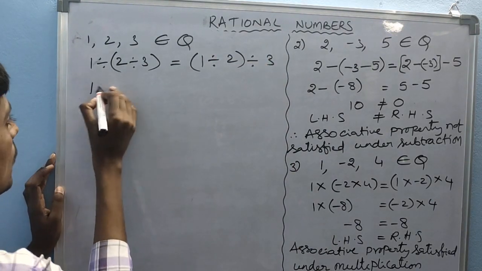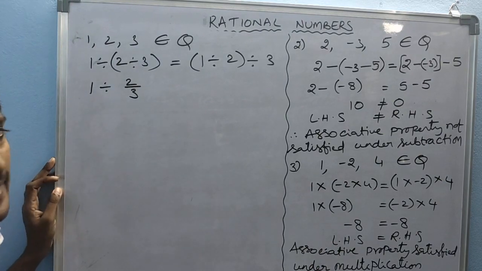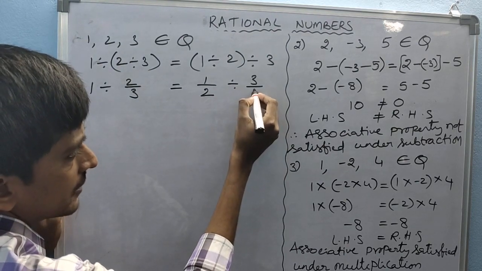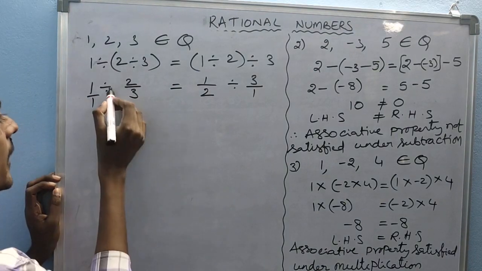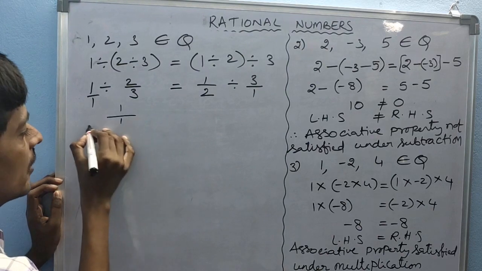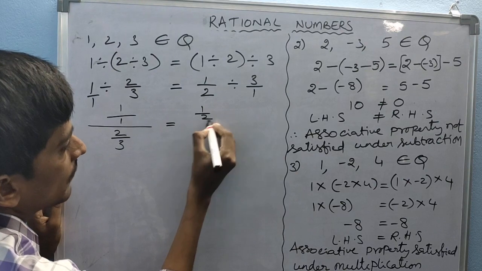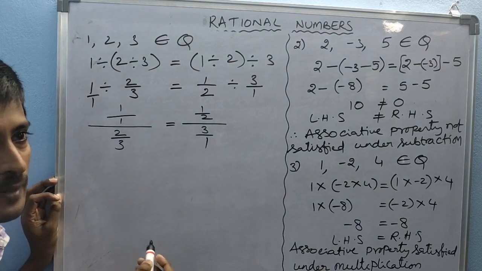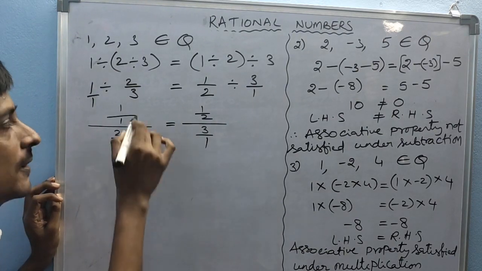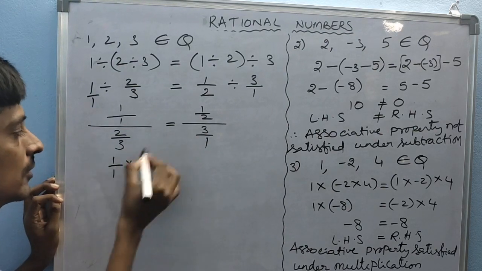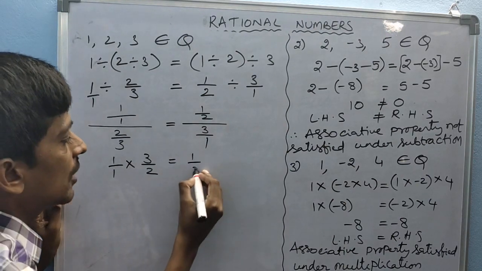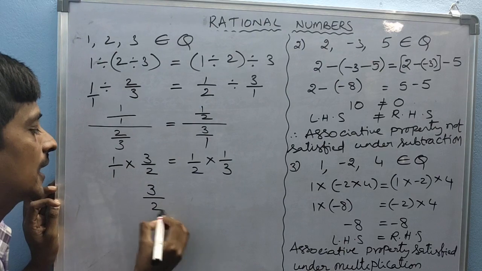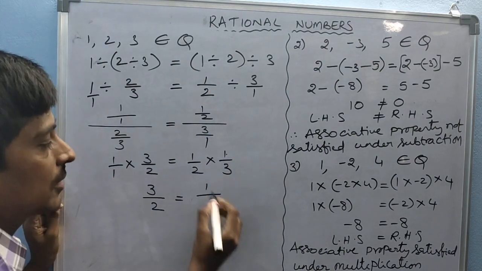First, 1 divided by 2 is 1 by 2, divided by 3, which can be written as 3 by 1, so 1 by 2 into 1 by 3 is 1 by 6. On the right, 2 by 3 division means reciprocal: the numerator changes to the denominator and the denominator to the numerator, and the division symbol becomes multiplication. 1 into 3 by 2 is 3 by 2.